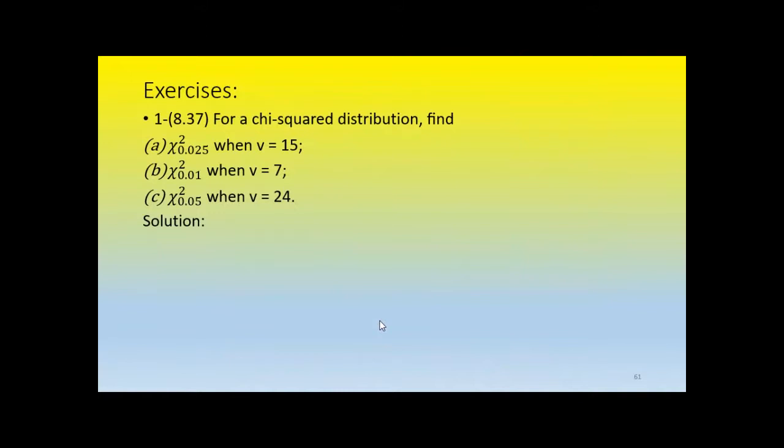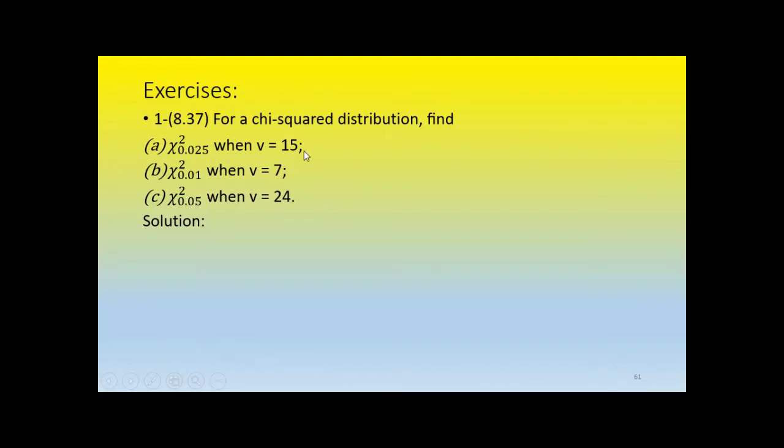Let us start exercise problems. We need to find all these things from the table. Note them down, and we will go to the chi-square table and find chi-square at alpha 0.025, chi-square at alpha 0.01, chi-square at alpha 0.05.